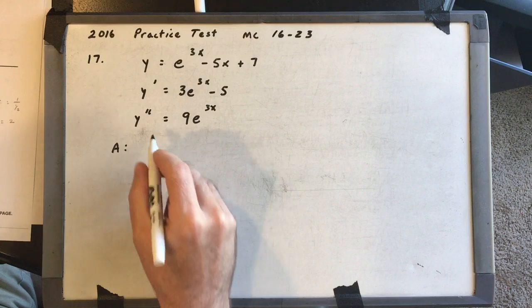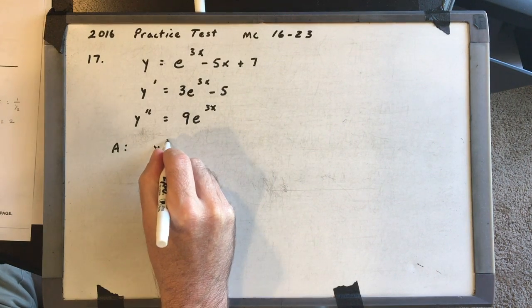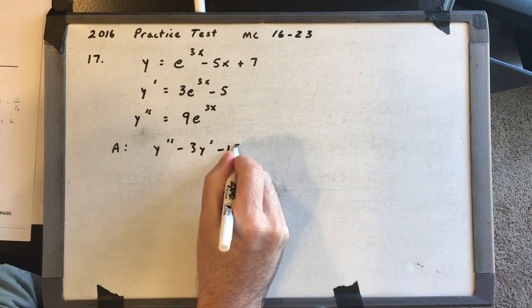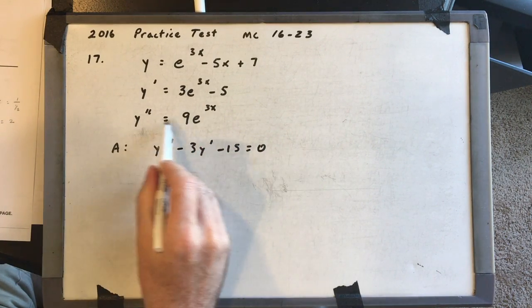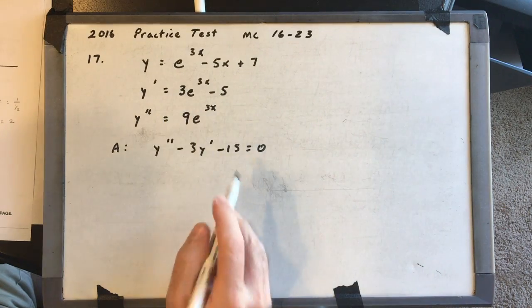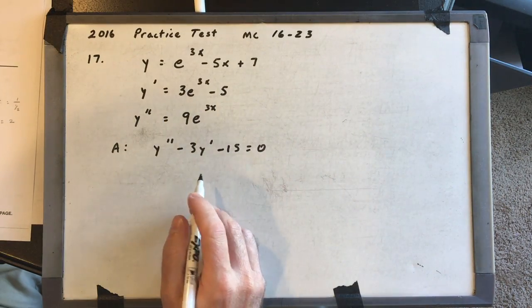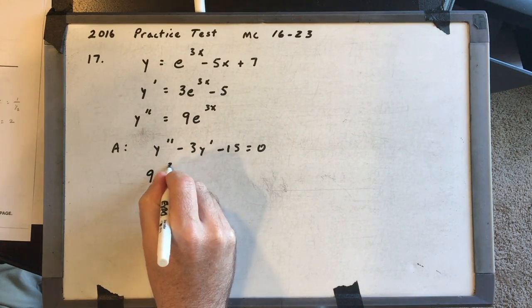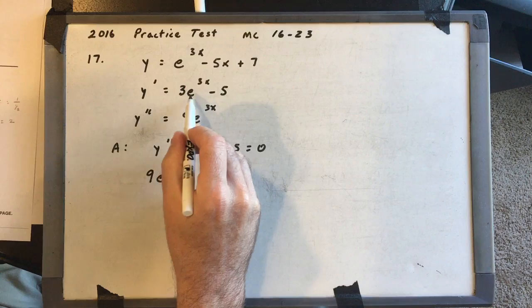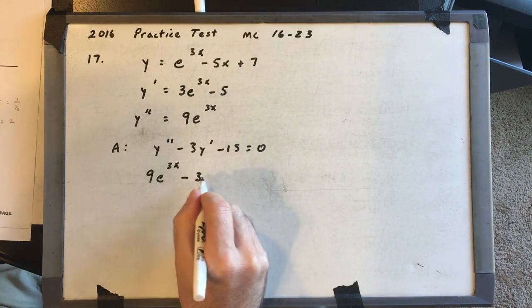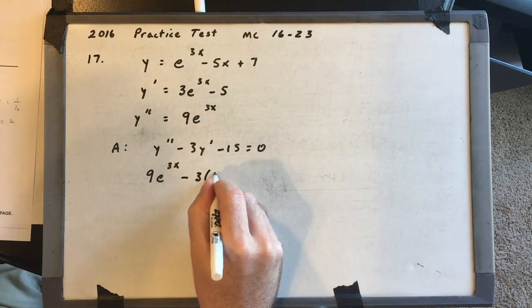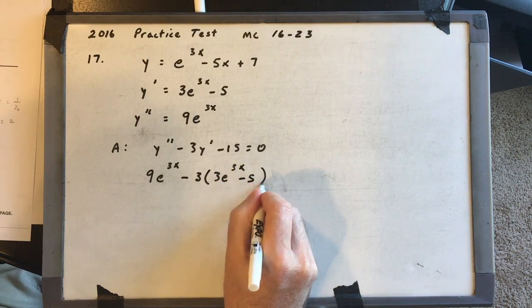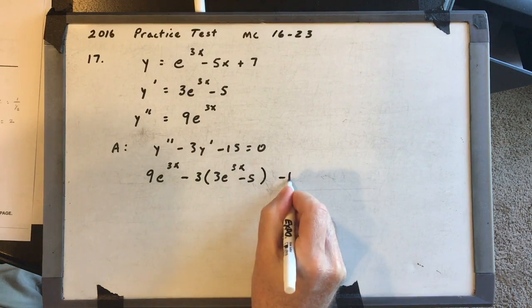into the answer. So for part A, it says the answer is y double prime minus 3y prime minus 15 is equal to 0. Let's plug in our answers for y double prime and y prime and see if it ends up being 0. So we have y double prime is 9e to the 3x, minus 3 times y prime, which is 3e to the 3x minus 5, and then minus 15 is equal to 0.